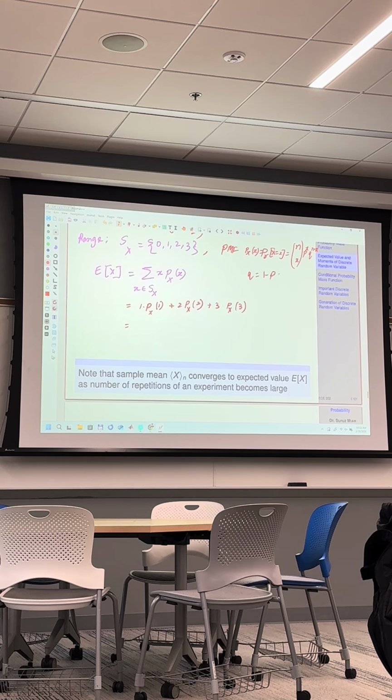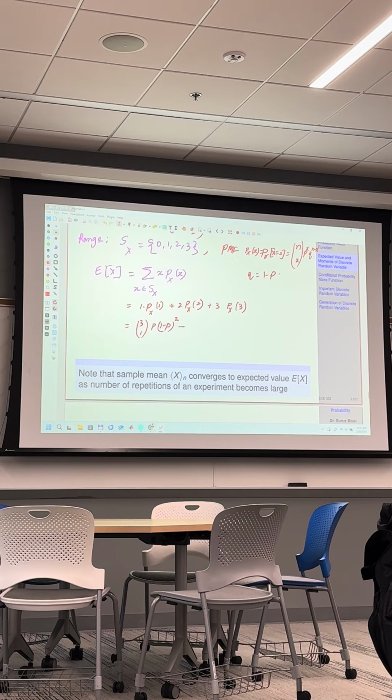Now 1 times the PMF of the binomial random variable x taking value 1: n equals 3, so combination 3 choose 1, p to the 1, and 1 minus p, which is q, to the n minus 1, which means 3 minus 1 is 2.